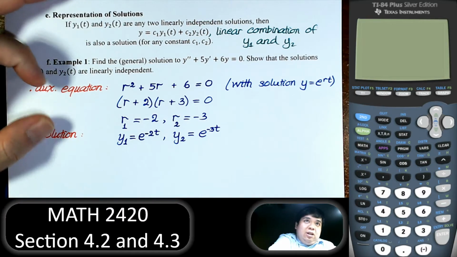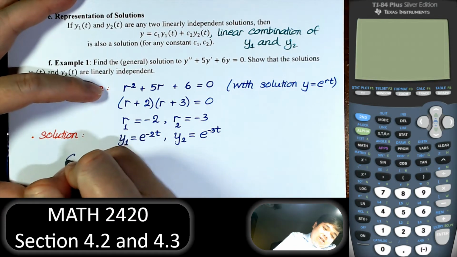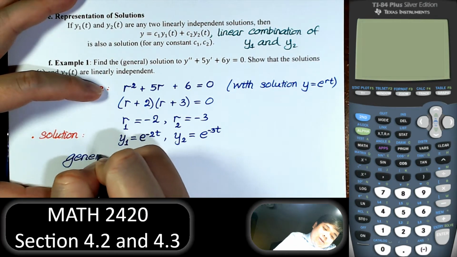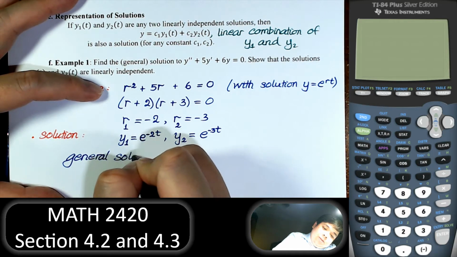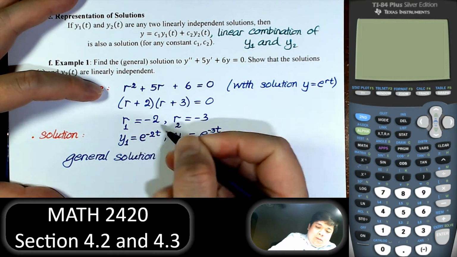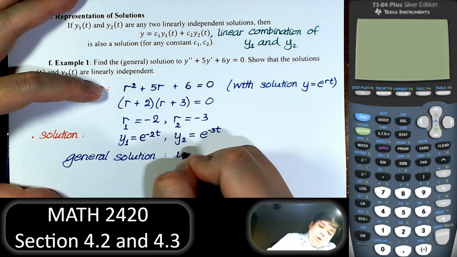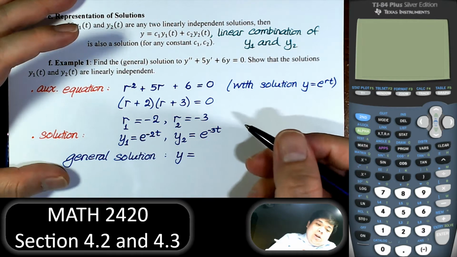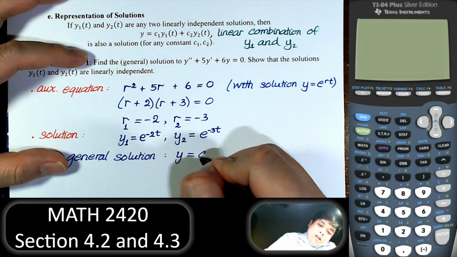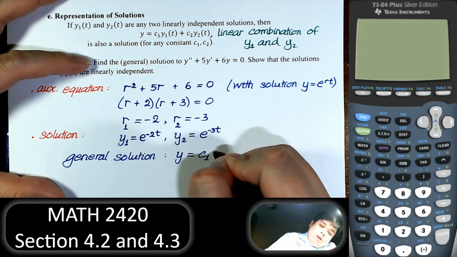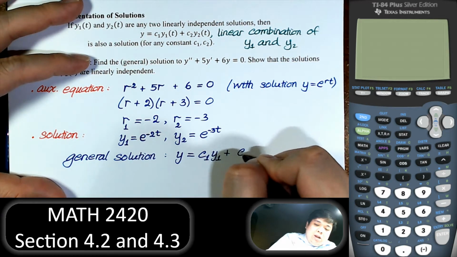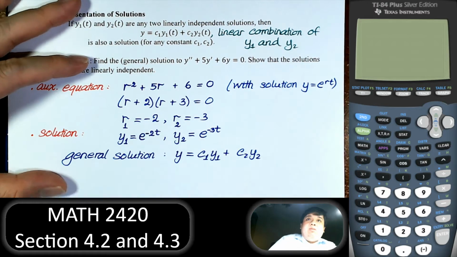And the general solution y, or we call it the complementary solution, is c1 y1 plus c2 y2, a linear combination of y1 and y2.